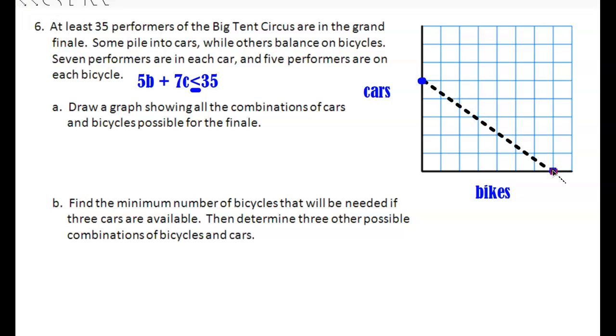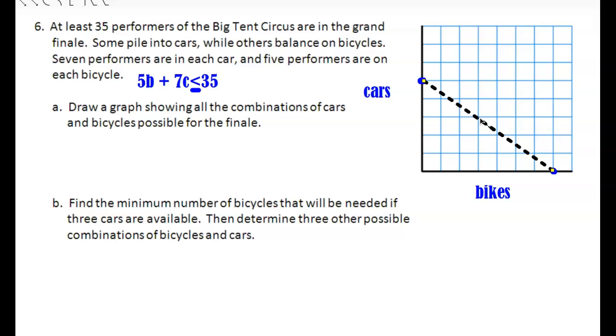Now, when we connect these, none of those other points should be perfect points because my slope is down 5 and over 7. We would have a dashed line.